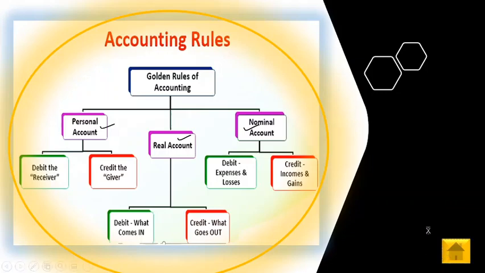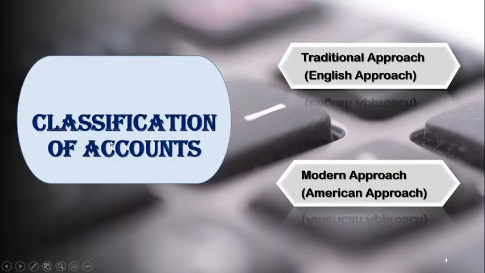Okay, now as I explained here, classification of accounts: there is a traditional approach which we just did, that according to the traditional approach there are personal, real and nominal accounts, and then there is the modern approach.